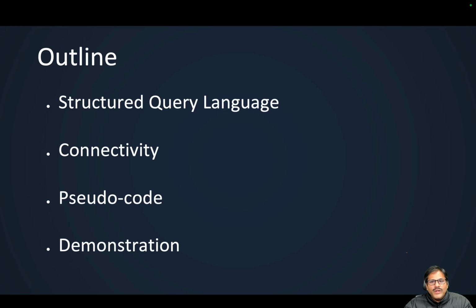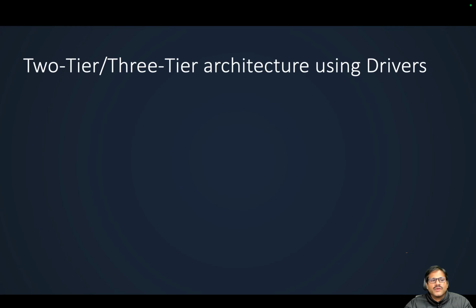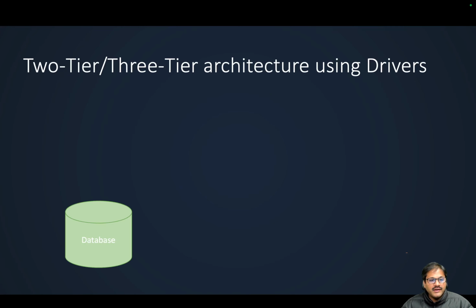Now we look at the connectivity. There are basically two-tier and three-tier architectures for connecting to the database. So let us see how this architecture exists. Let there be a database running in a database management system.